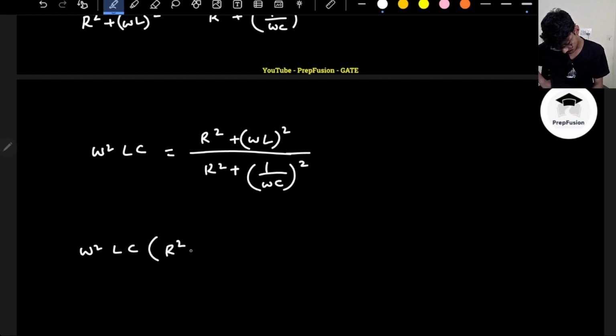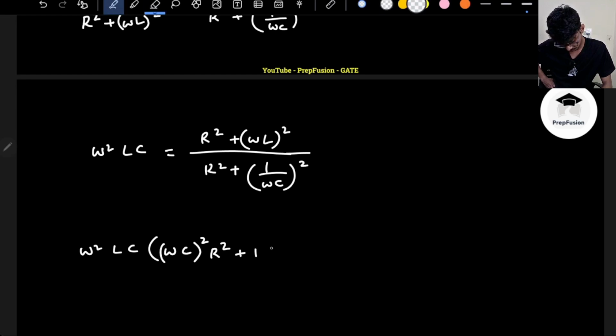I can multiply by omega C whole square on both sides.